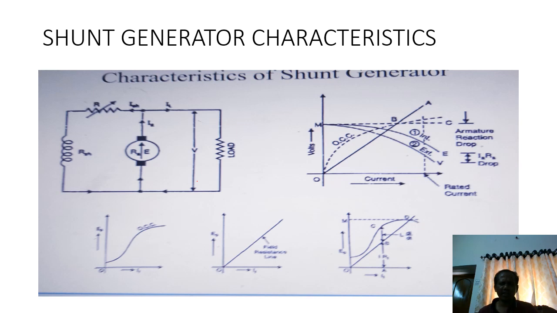These are the self excited generators, versus the separately excited generator, where a separate additional source is applied to the field winding. Here the armature divides the current into two: one is the field current and the other is the load current.